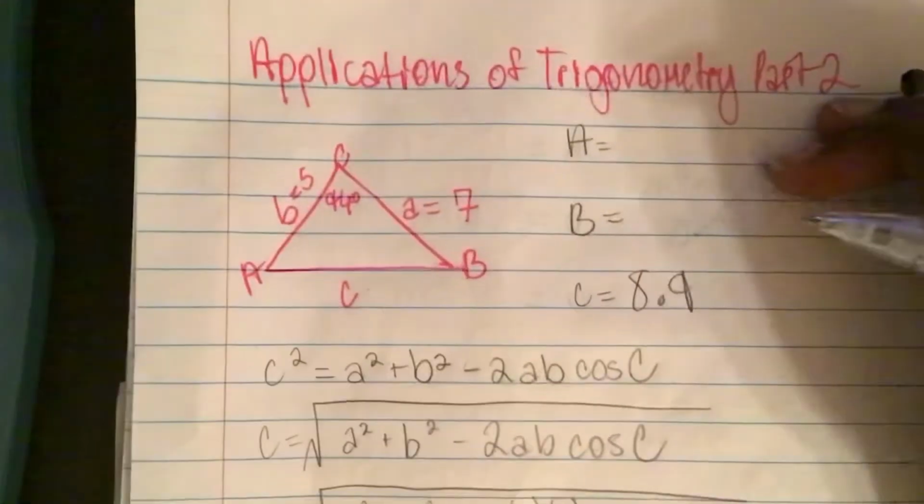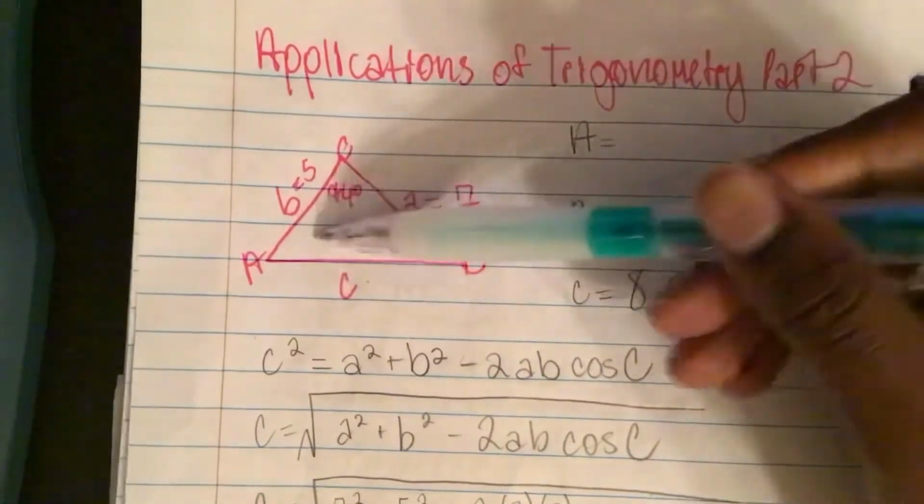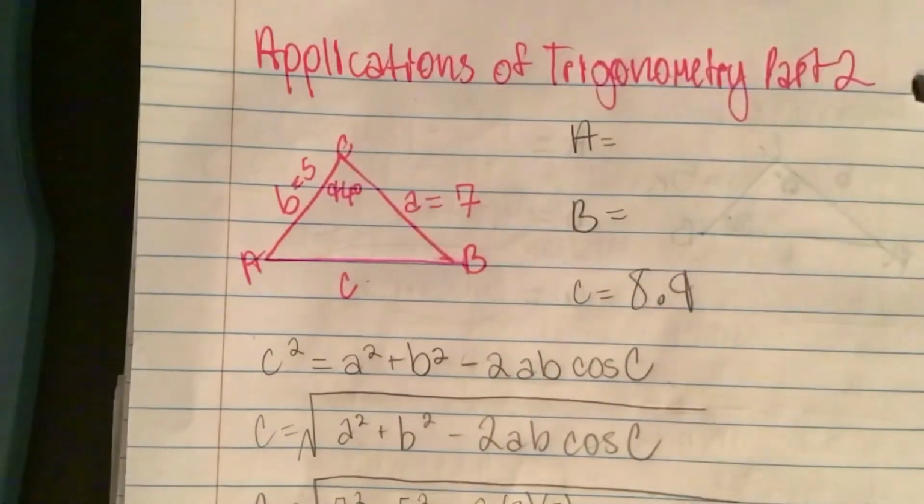Now that we've solved for C using the law of cosines, we can continue on with the law of sines and solve for the two inside angles.